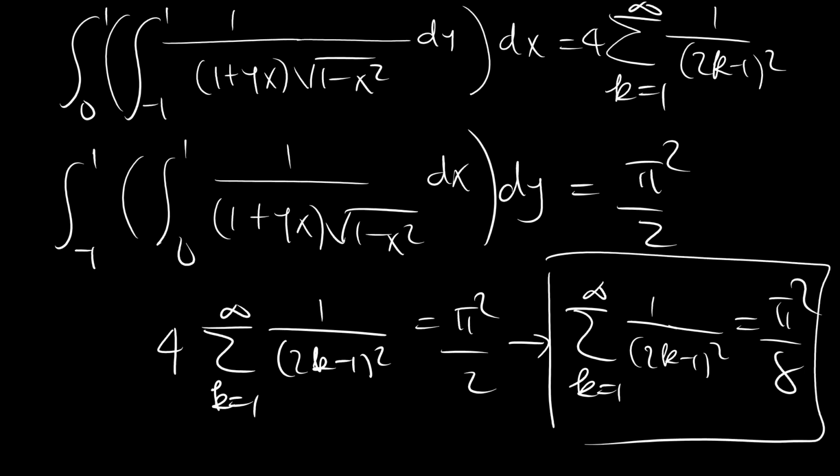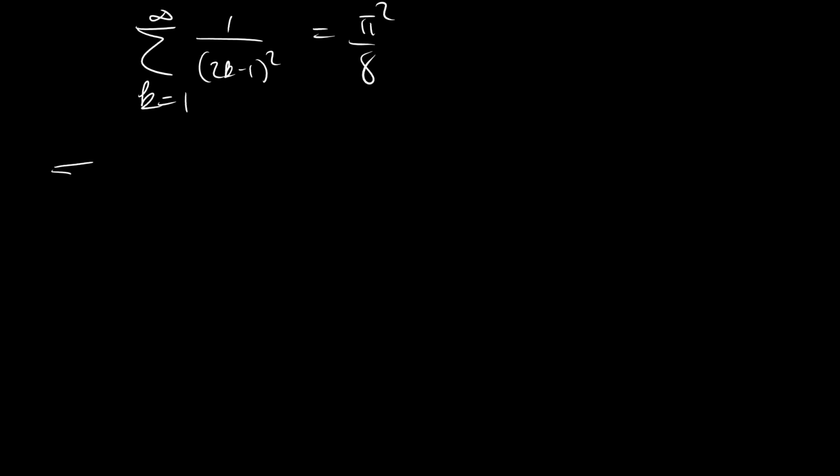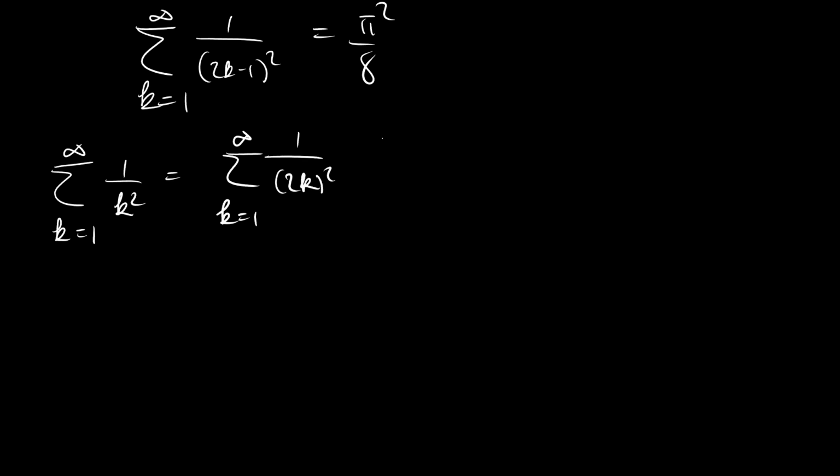So this is the first step. Since we've found that the summation from k equals 1 to infinity of 1 over 2k minus 1 squared is equal to pi squared over 8, we also know that summing from 1 to infinity of 1 over k squared is the same as the even parts plus the odd parts, right?